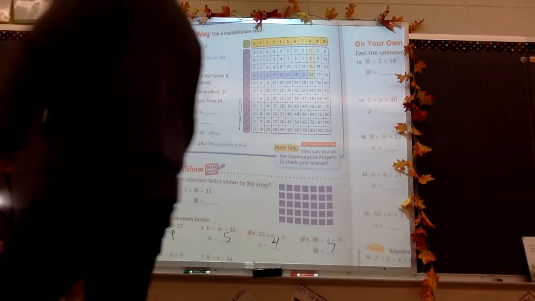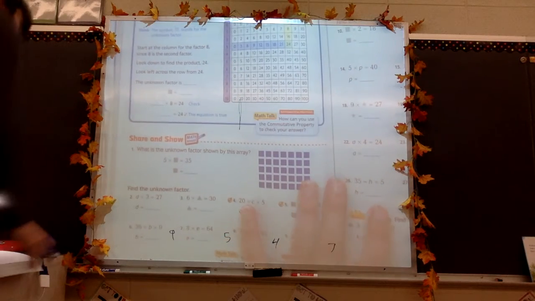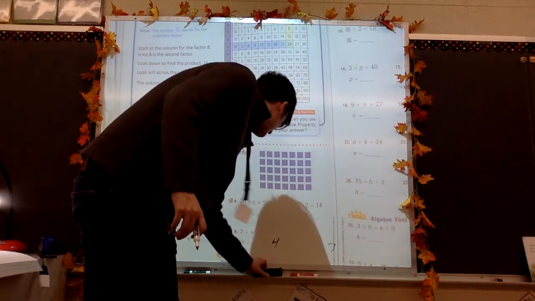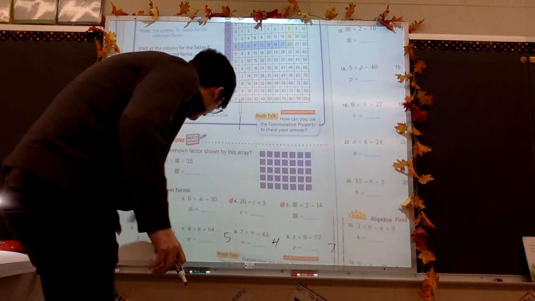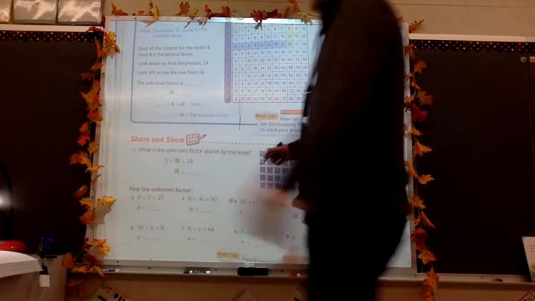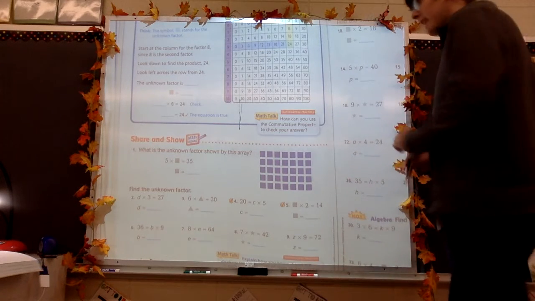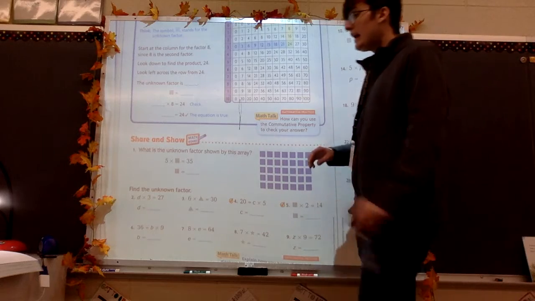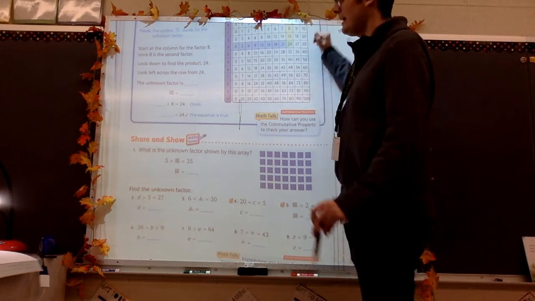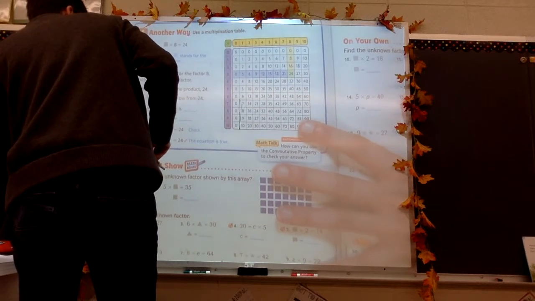Need to adjust my screen here so we can see the very last row of numbers. Alrighty. So number 6 says 36 equals B times 9. So at the very top here, we'll find 9. I know it's hard to see on my screen here.